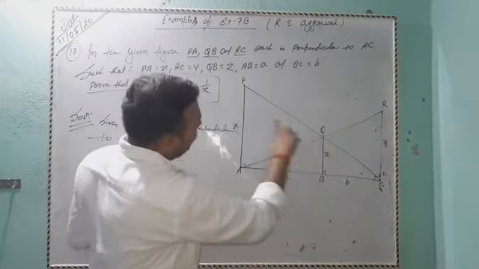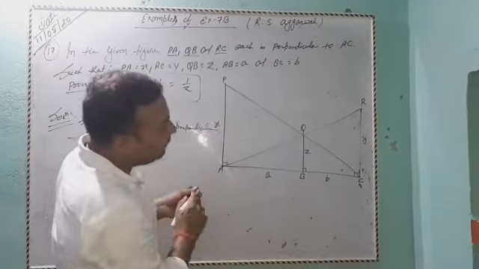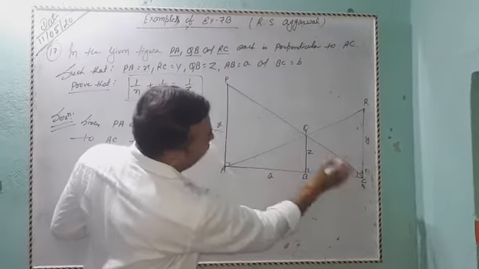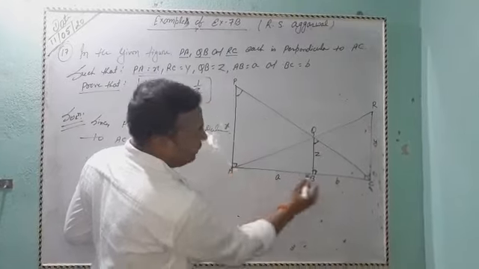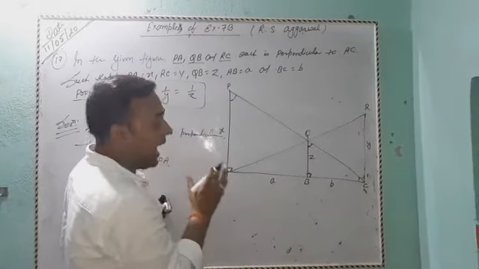If QB is parallel to PA, then angle CQB is equal to angle CPA, corresponding angles. The two parallel lines are cut by a transversal CP, then these angles are equal by corresponding angles. And this angle is 90 degree and this angle is 90 degree. These are also corresponding angles.